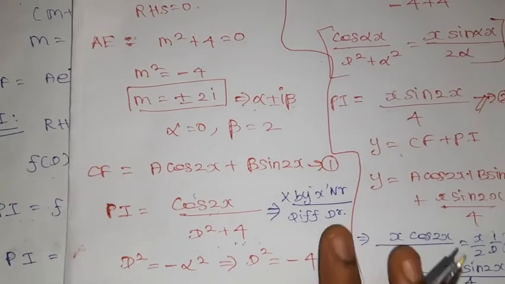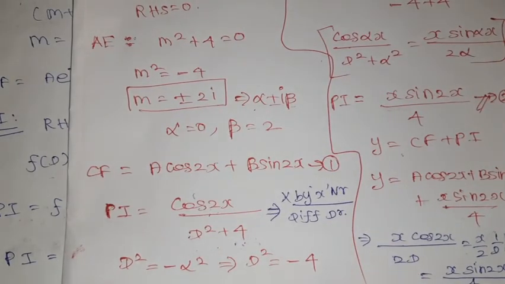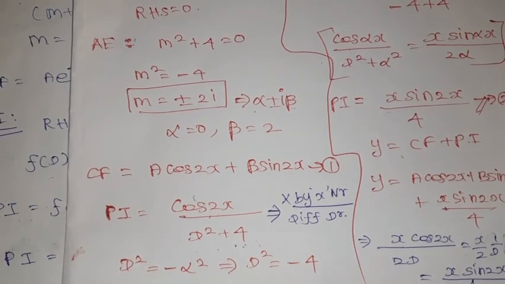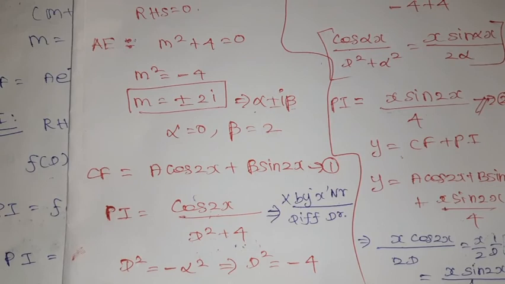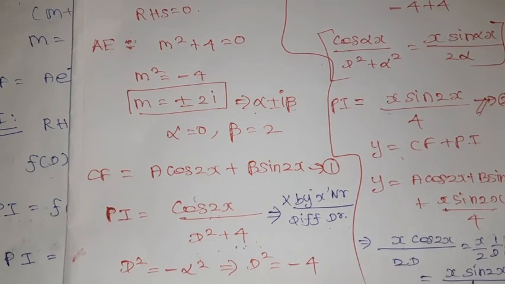I just explained two shortcuts here; whichever suits you, we should know both. It will be very helpful for our exam, because when we forget one, we will use the other. Just multiply the numerator by x and differentiate the denominator.